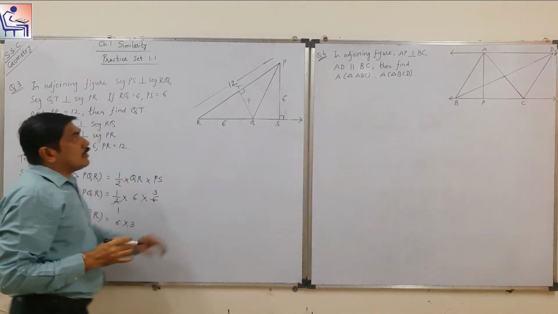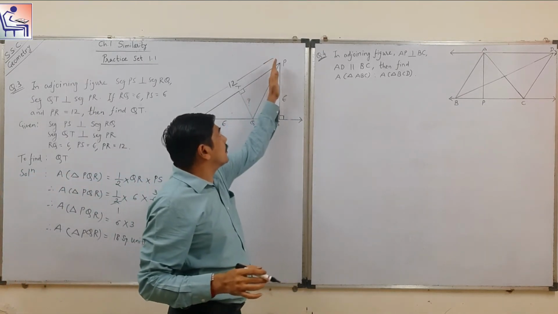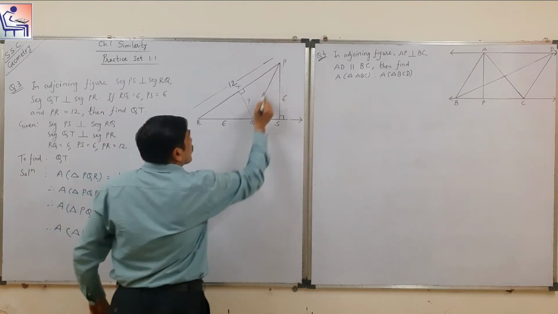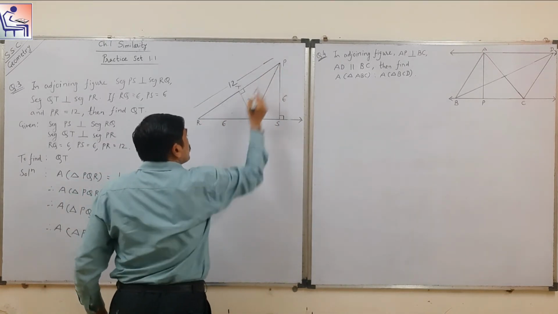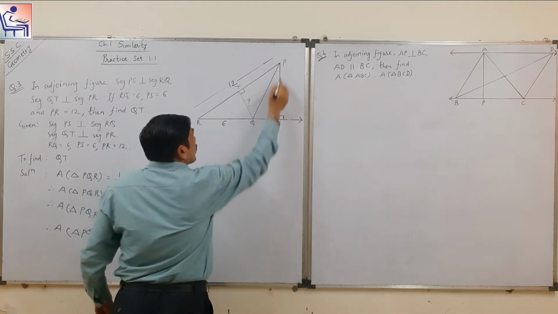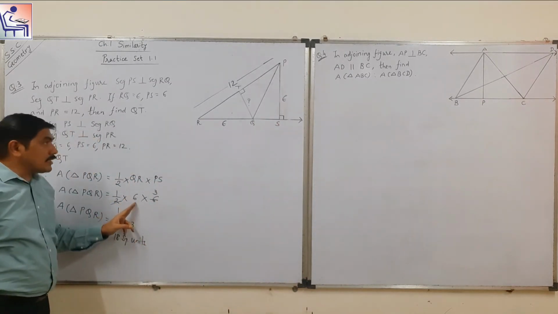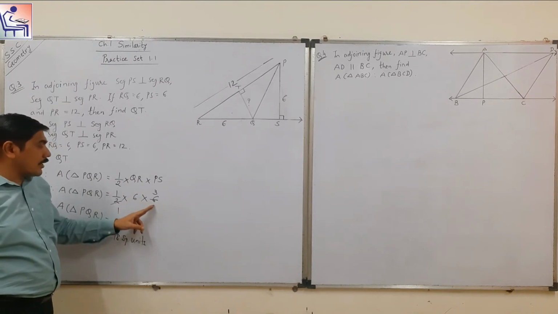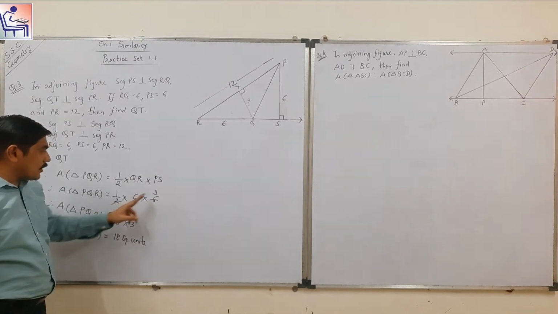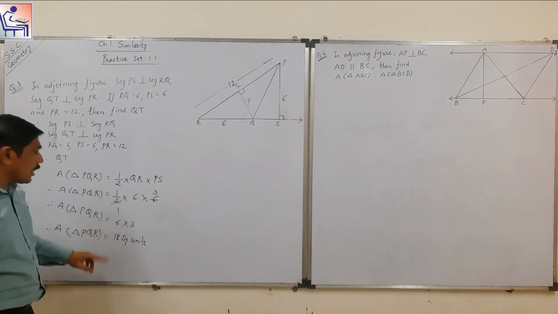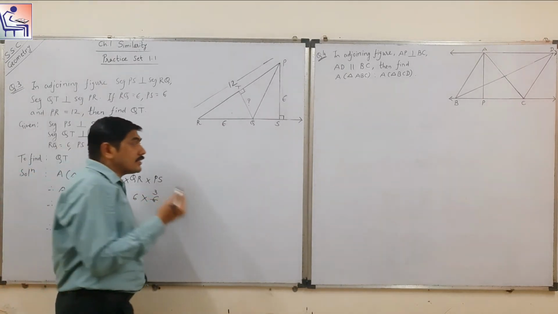Always remember, slant height cannot be used, height is always perpendicular, so height is PS and the base of triangle PQR will be QR and height will be PS. So we took base QR 6 and height is also 6. So 2 1s are 2, 2 3s are 6, 6 3s are 18. We got the area of triangle PQR as 18 square units.